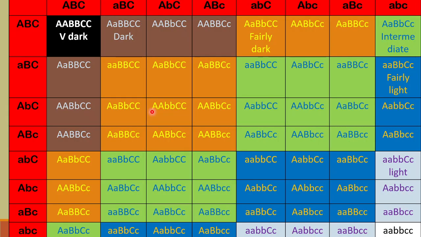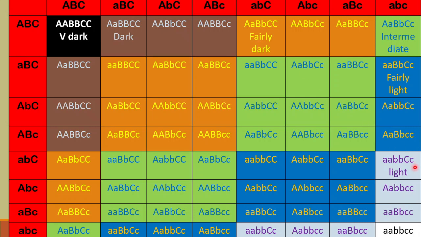Now again, if a person with, say, fairly dark skin, this gametic combination, and a light one combine together, then the range of skin color will depend on the combination.